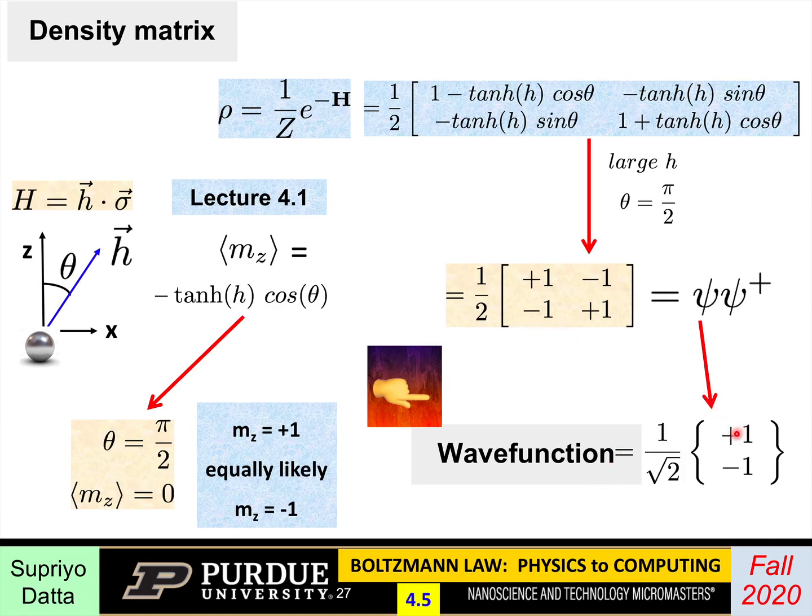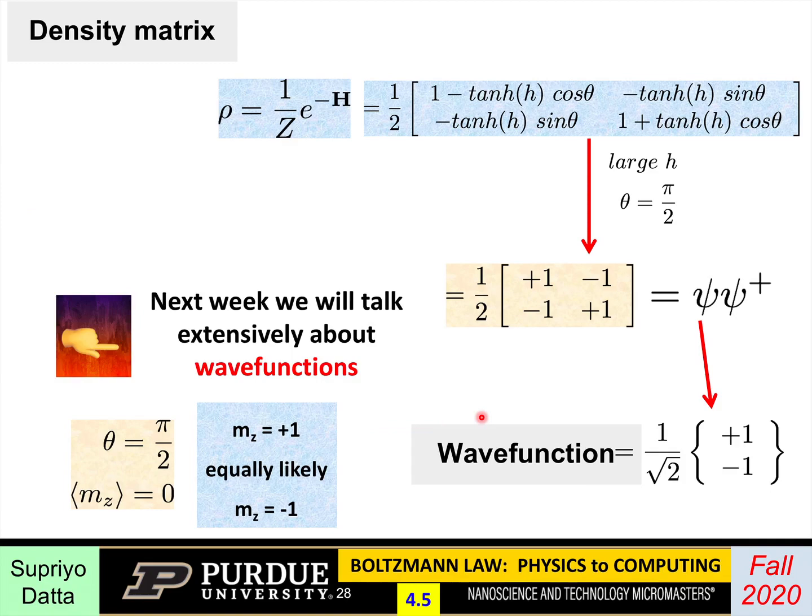And here then the first component tells you the probability of plus mz, and the second one tells you the probability of minus mz. I mean the square of the wave function. So when you look at the wave function, it immediately tells you that both are equally likely. So this is what we'll take up next week, more of this, because next week most of our discussion will be in terms of wave functions.